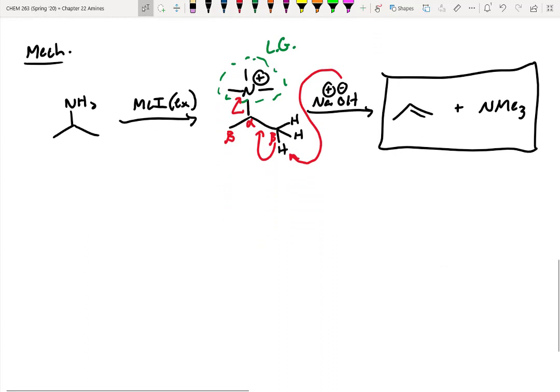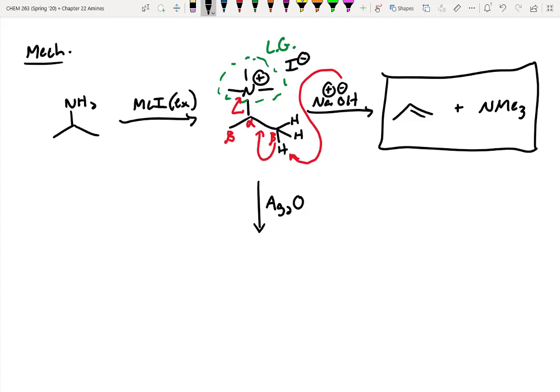But there's actually a variant on this too, and that is if you treat this with silver oxide, specifically silver 1 oxide, something interesting happens. What happens is the counteranion in the first reaction, which is I-, let me go ahead and draw that up here.